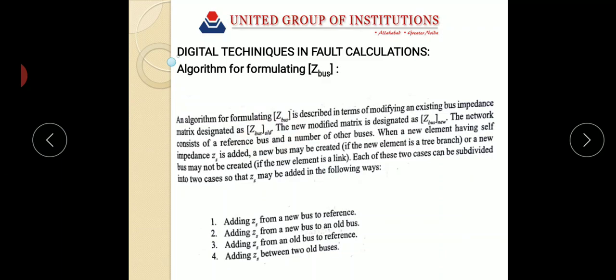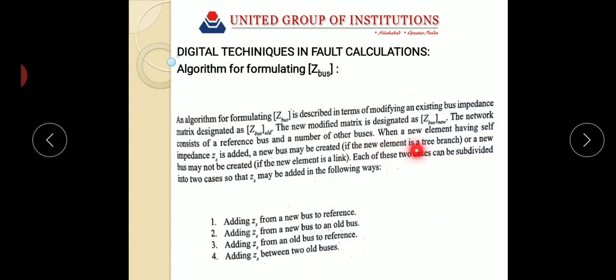The new modified matrix is designated as Z bus new. The network consists of a reference bus and a number of other buses. When a new element having self-impedance Zs is added, a new bus may be created.